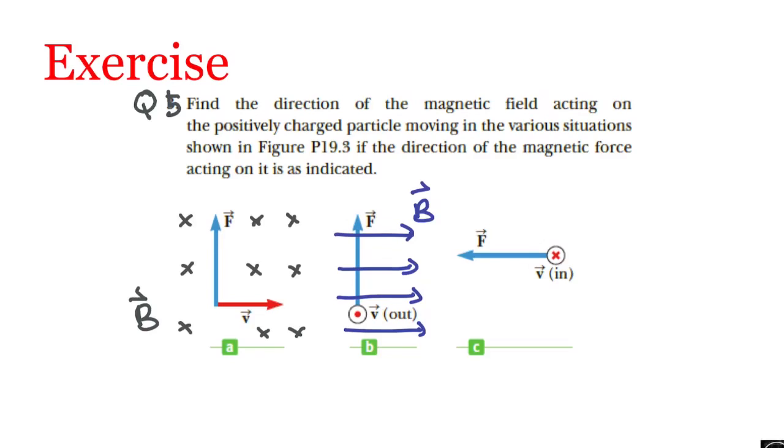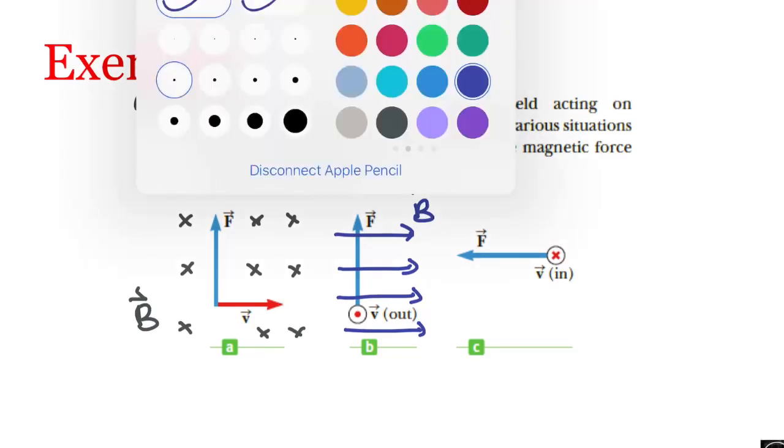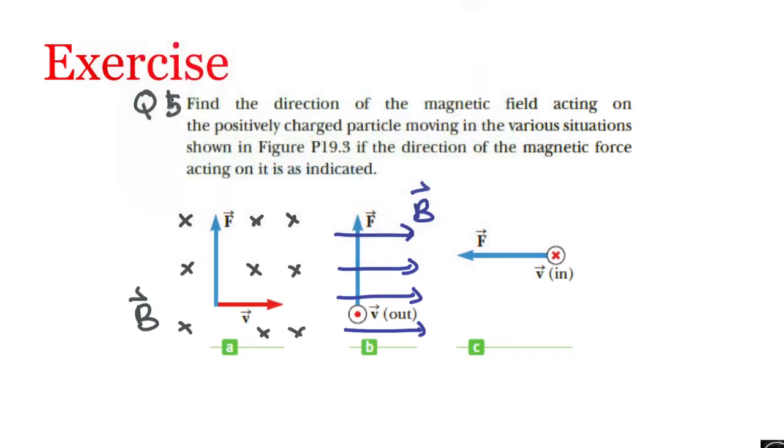And then for C, your index finger is into the page or screen, your thumb to the left, so your B will be somewhere like this. So this is your B.